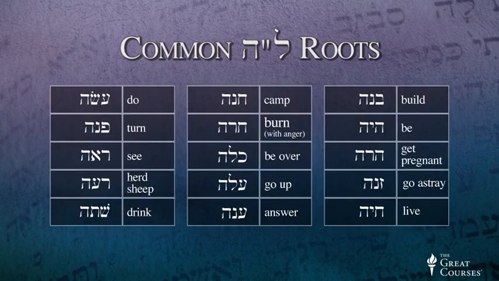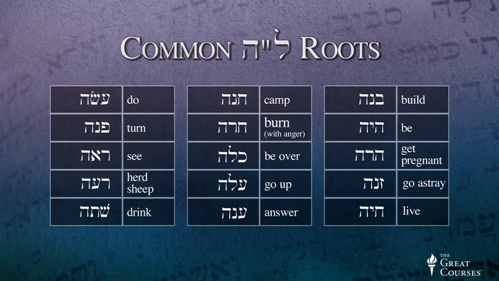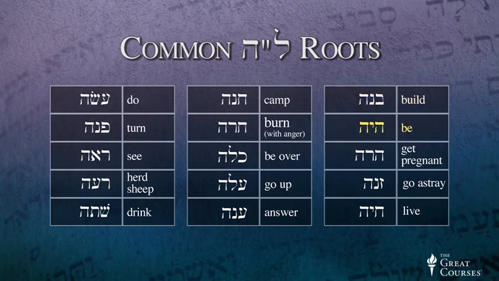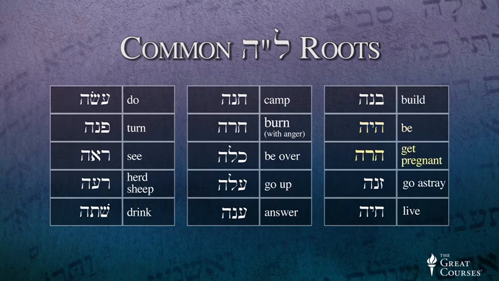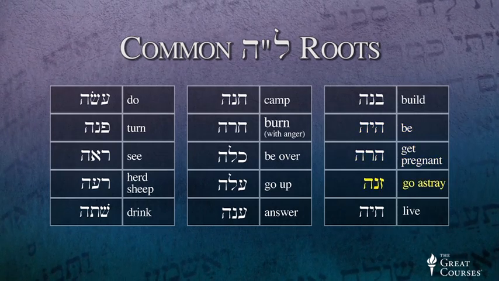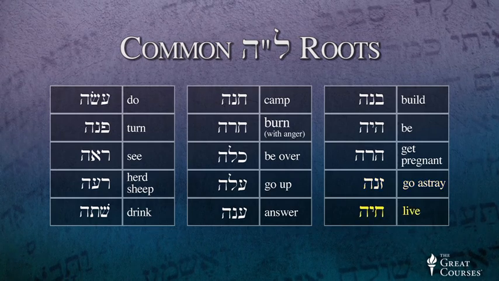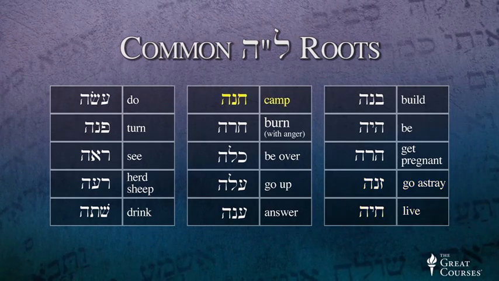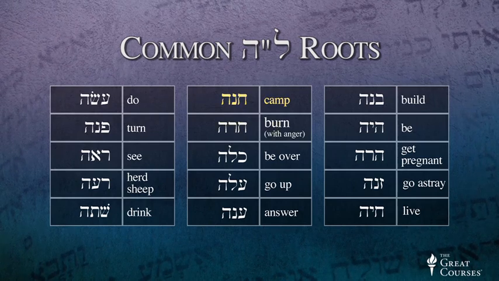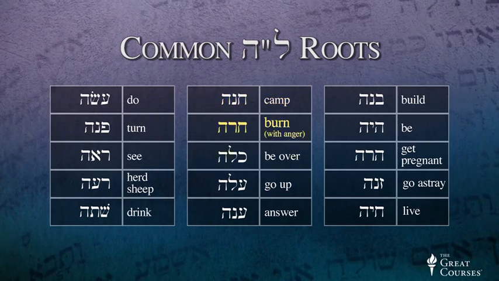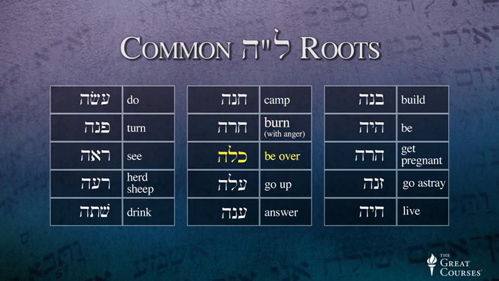And now, some of the most common lamed hey roots. Bana, to build. Haya, to be. Hara, to get pregnant. Zana, to go astray. Chaya, with a chet, to live, to be alive. Chana, to camp. Chara, to burn with anger. Kala, to be over.